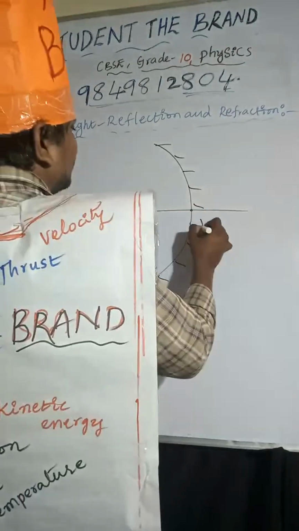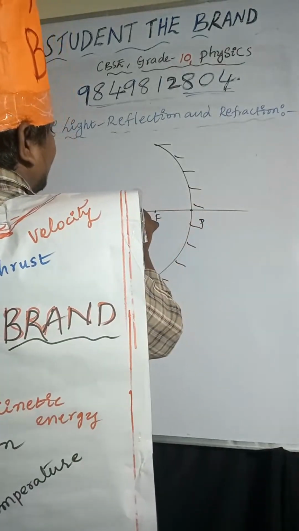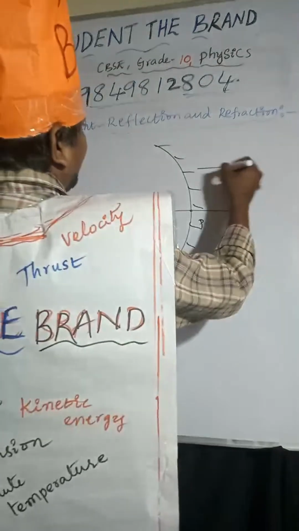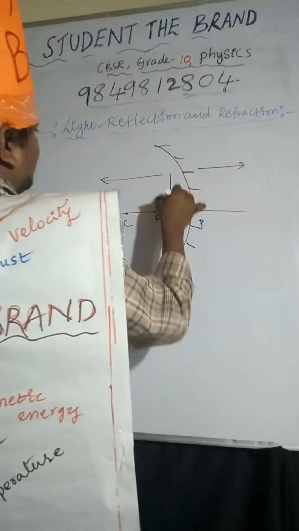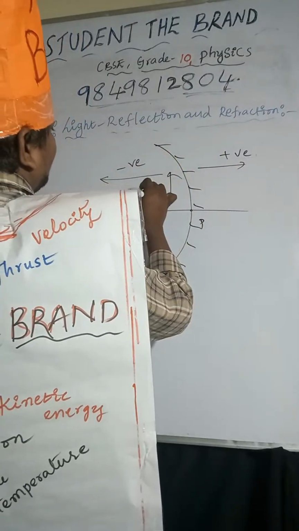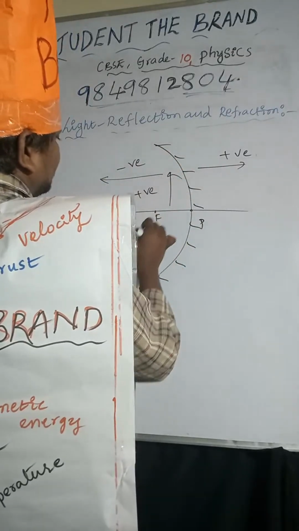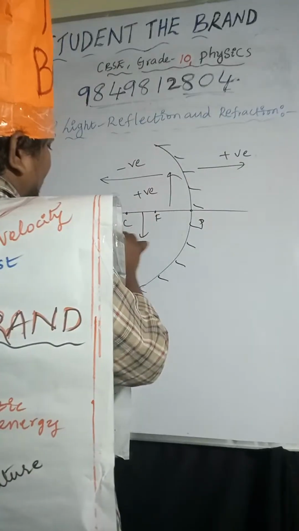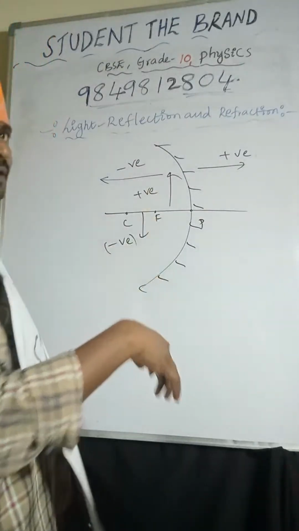Pole, focus, center of curvature. Distances in the direction of incident rays are positive, opposite to incident rays negative. Height of the object and height of the image above the axis are positive, below are negative.